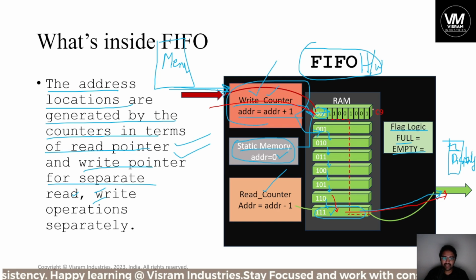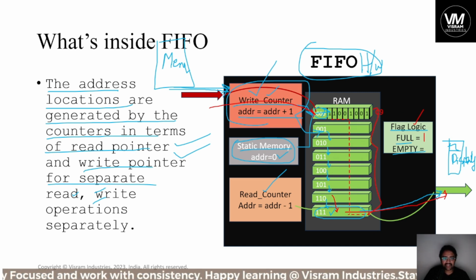In this way all the registers have data, full data in all the registers, then it says full. The logic acknowledgement says okay, FIFO is full, the RAM inside the FIFO is full.